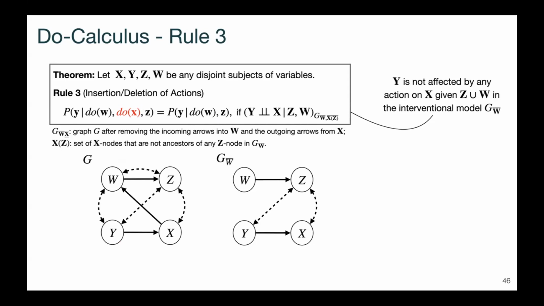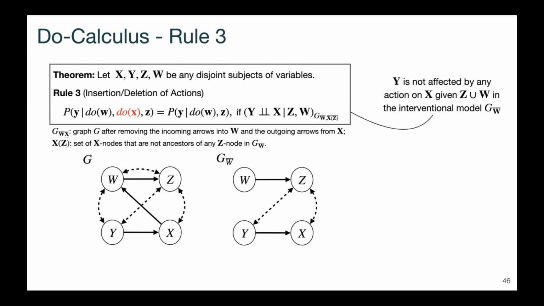Then I have to remove this Z(W). This is a different notation here for all the nodes that are not ancestors of any variable Z in this graph. So I can only remove the edges that are into variables that are not ancestors of the Z nodes.